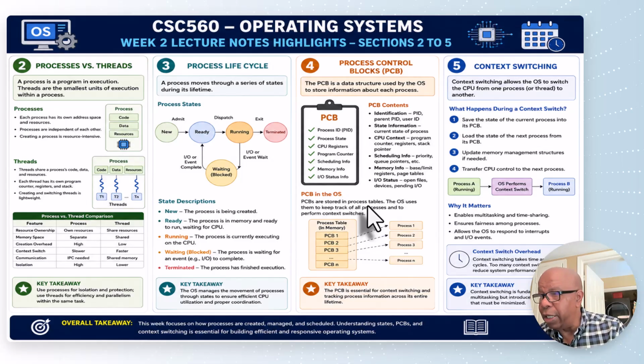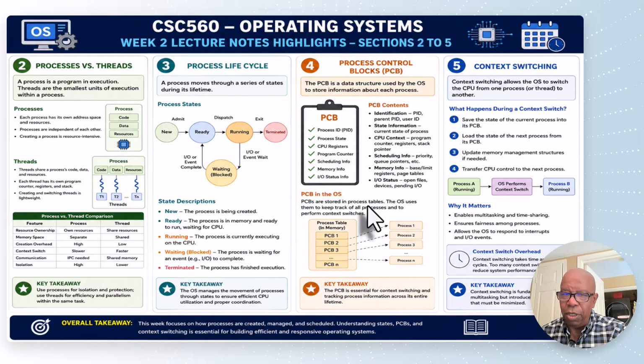Process control block, context switching. A little more detail on that. A context switch allows the operating system to switch the CPU from one process or thread to another. I have one process, put it in the process control block. It goes into a wait state, waiting for IO.